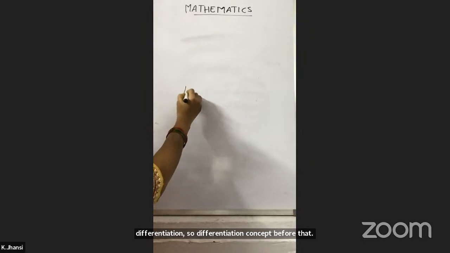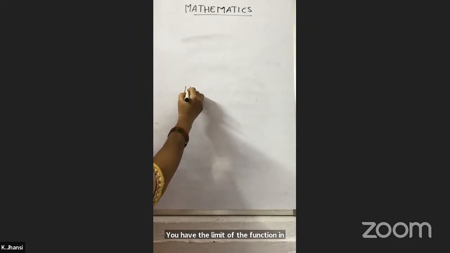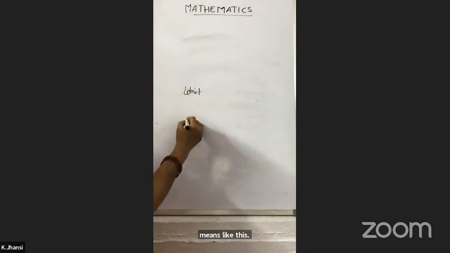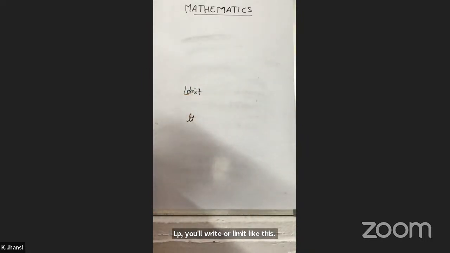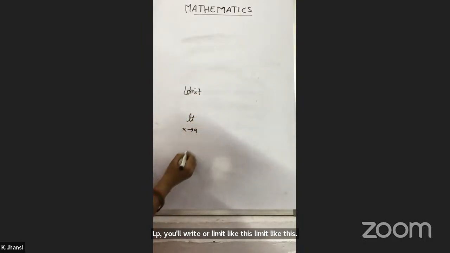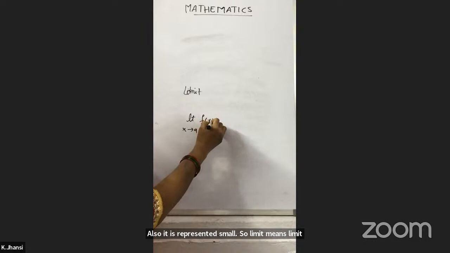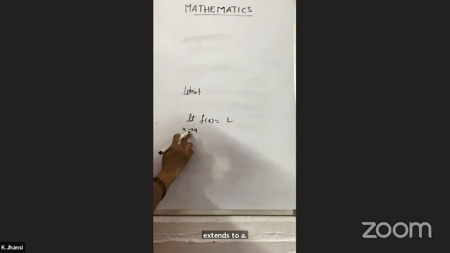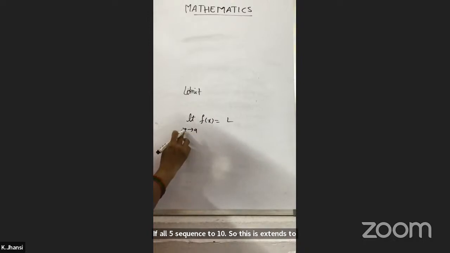Limit is written as LT, or like this, limit, or like this, small lt. So limit means limit x tends to a, f of x equals L. Here x tends to a, and a is the x value.